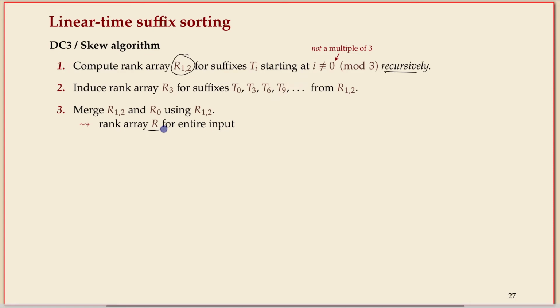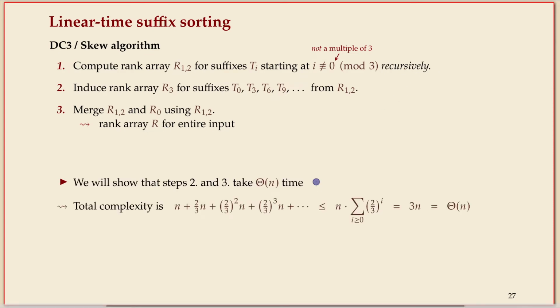Now, before we worry about how to do these steps, let's have a quick look at the running time, how this can eventually be linear time. What you'll have to believe for now is that steps 2 and 3 take linear time in the length of the text. And we'll come back to that.